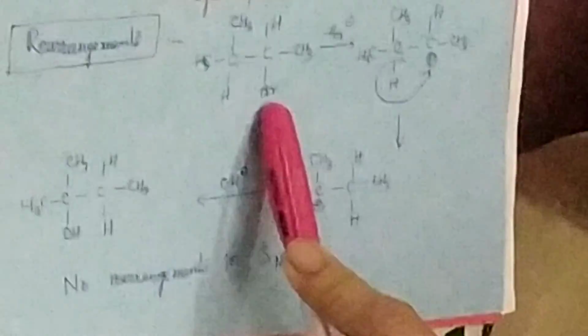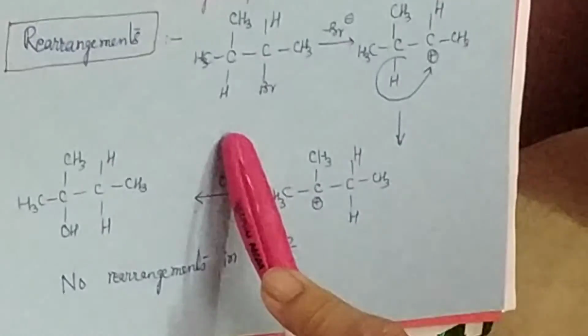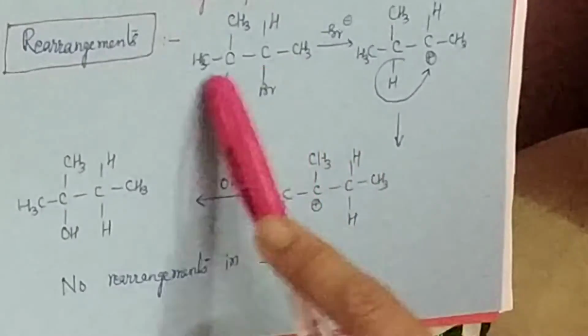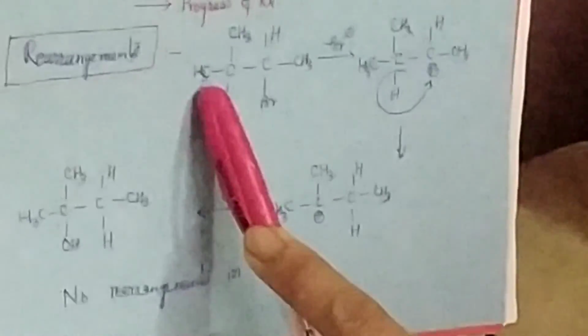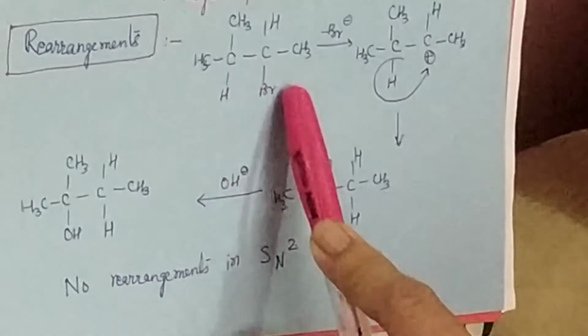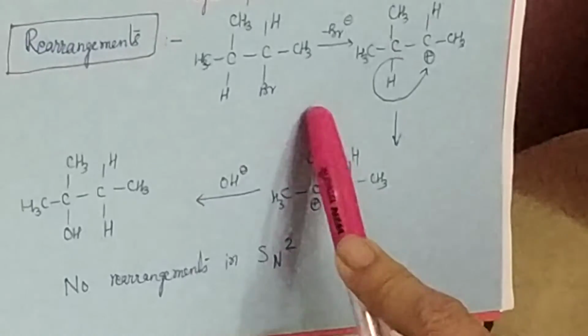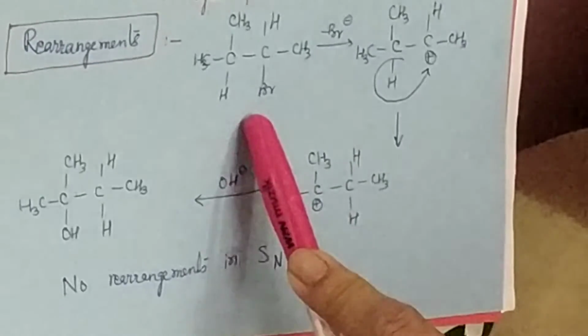This molecule is clear to you, this particular alkyl halide. This alkyl halide is actually a derivative of butane, 1, 2, 3, 4, in which there is a bromine atom at position number 2.